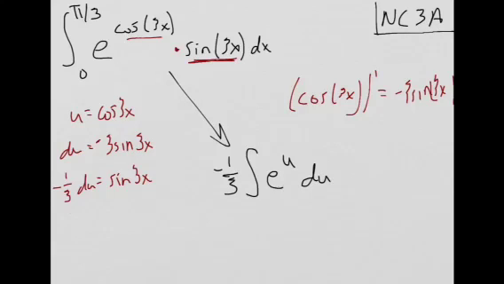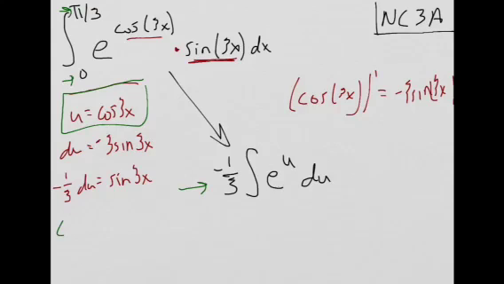Now I need to fill in my numbers. So I'm going to use this right here. These were values of x. I'm now working in u, so what I need to do is write those things in terms of u.